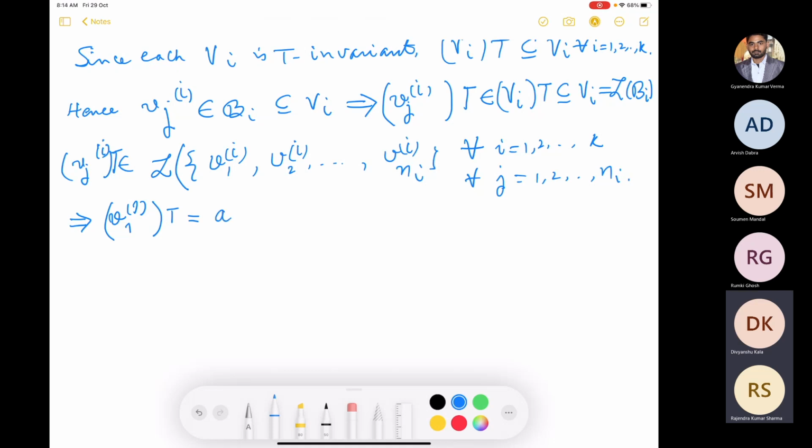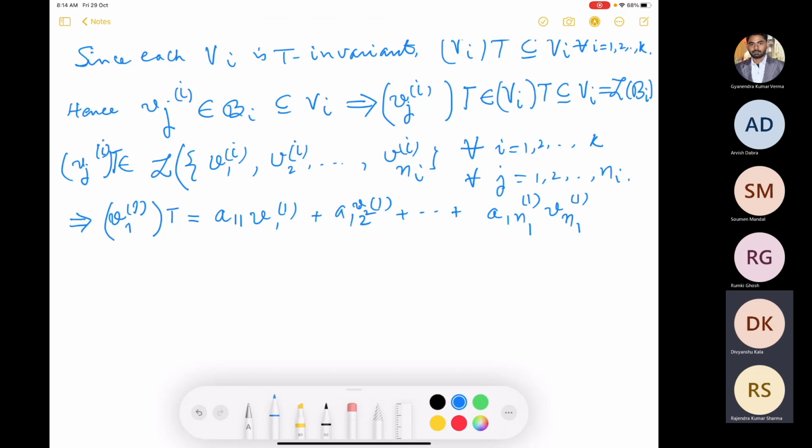So let us take this as a11,1, a12,1, and a1n1,1.